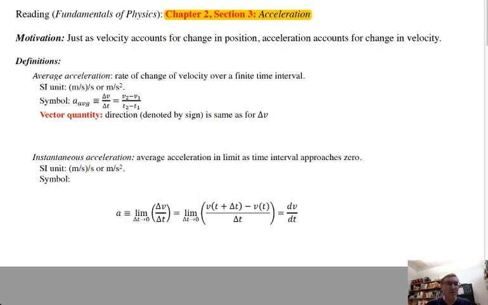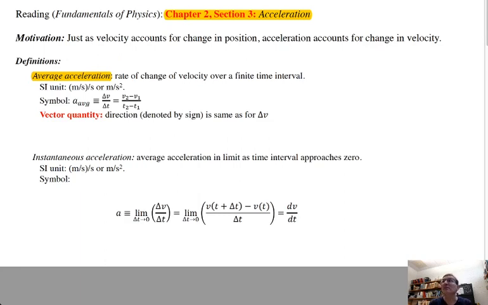So definitions first. Average acceleration. It is the rate of change of velocity over a finite time interval. I will remind you that average velocity was rate of change of position over a finite time interval. Now we're talking about rate of change of velocity over a finite time interval.